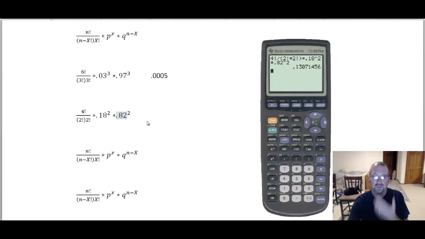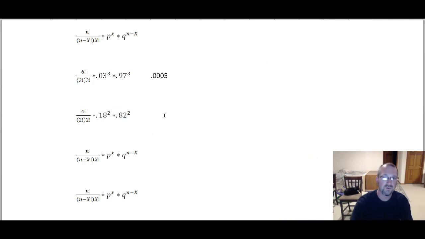If I'm picking 4 people and I want 2 of them to be the winners or successes, the random chance of picking that would be about 13%. So I'm going to go over here and type that in as my answer, 0.131, or roughly 13%.